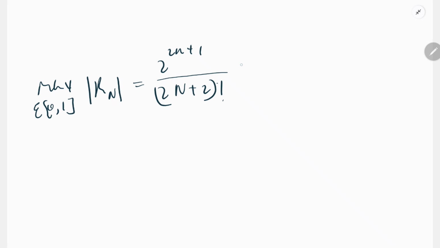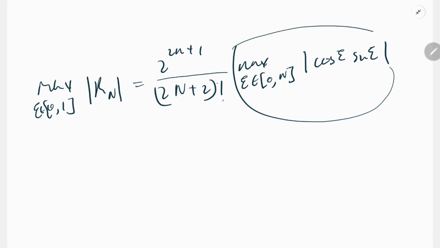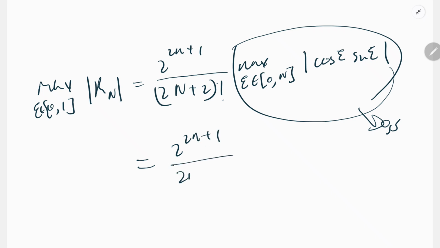Oh yes, we're also trying to find the maximum on this interval, 0 to 1, of the function cos psi sin psi. We already sorted that, the maximum there is 0.5. So we'll have 2n plus 1 all over 2n plus 2, times 1 over 2.